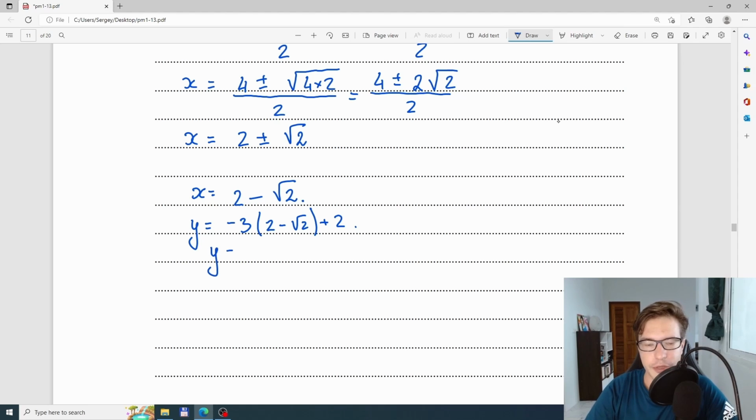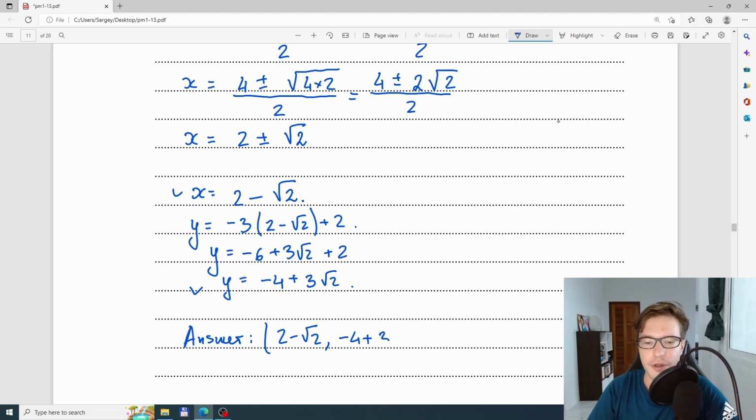And if I expand the brackets, I will get -6 + 3 square root of 2 + 2. So y = -4 + 3 square root of 2. Okay, now we got both x and y, and let's state this as the final answer: 2 minus the square root of 2 and -4 + 3 square root of 2.